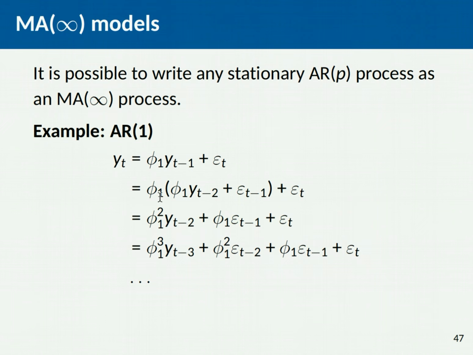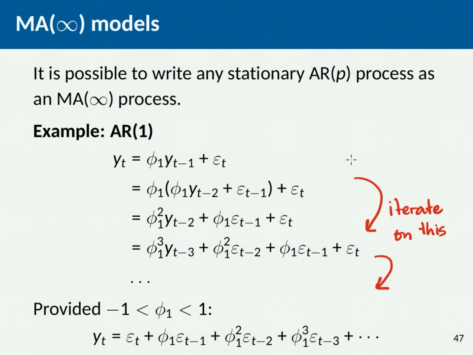You can iterate on it, and you would get something like this, where you can write yt as the sum of past innovations. And this is an infinite order moving average process.